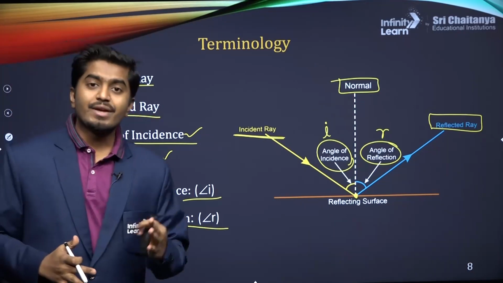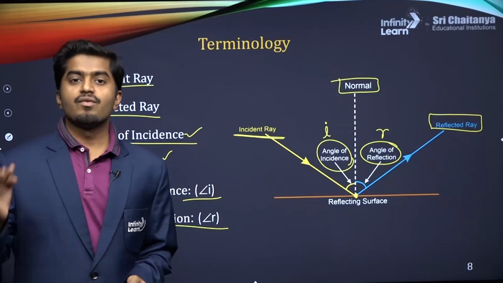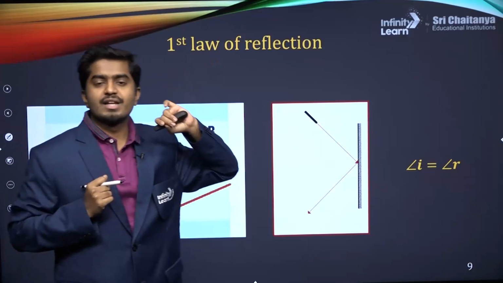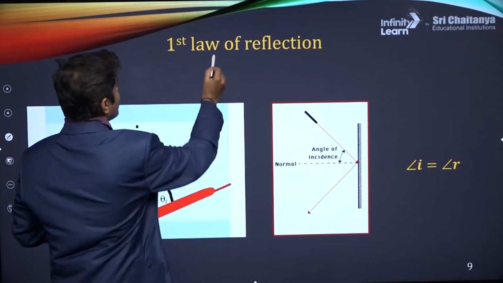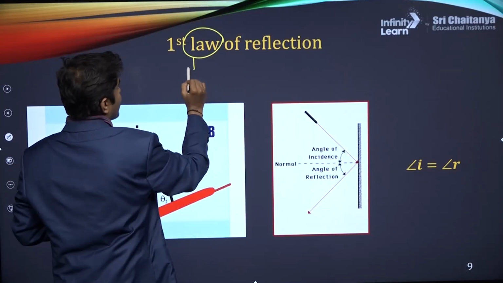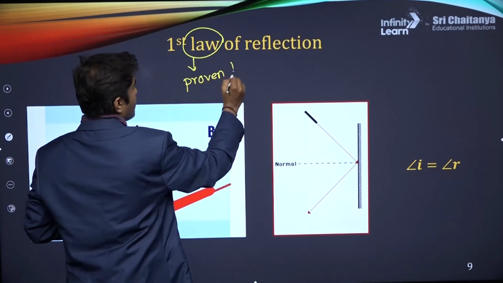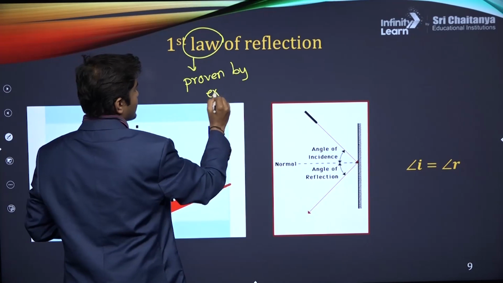Now we can learn the laws of reflection. For example, the first law of reflection. Whenever you see the word law, it means they are proven by experiments.